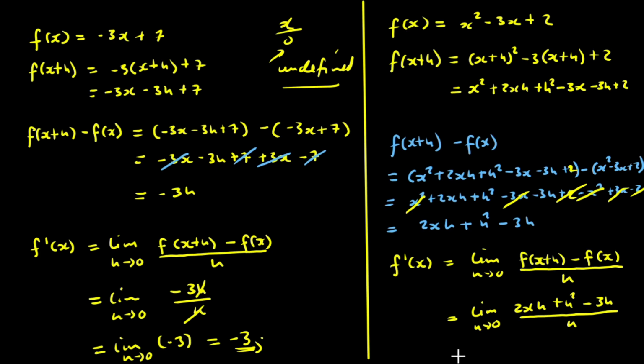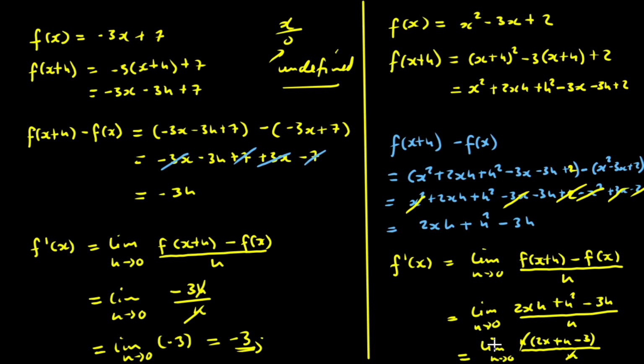So what we're going to do is factor out the numerator. That's the limit as h goes to 0. h, 2x is left here. Here there is an h left. Here there is minus 3 left. All over h. And this h and h are going to cancel.